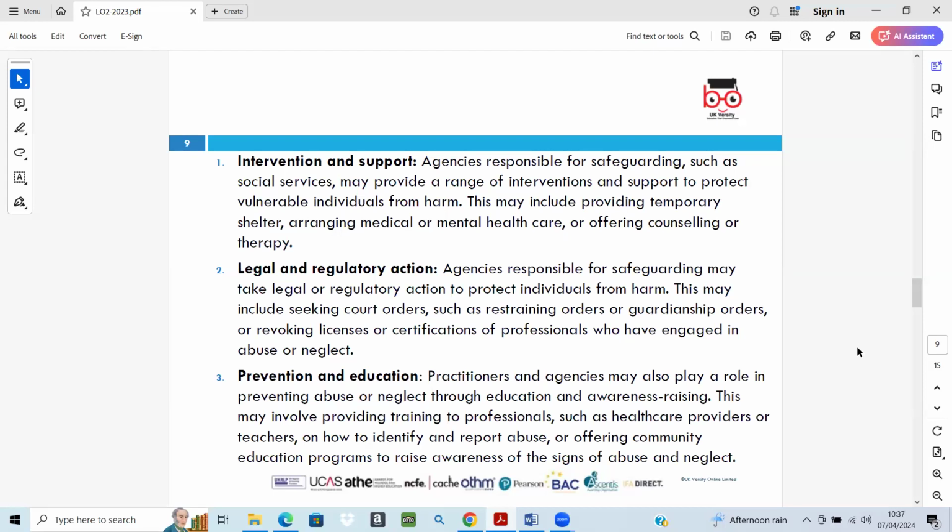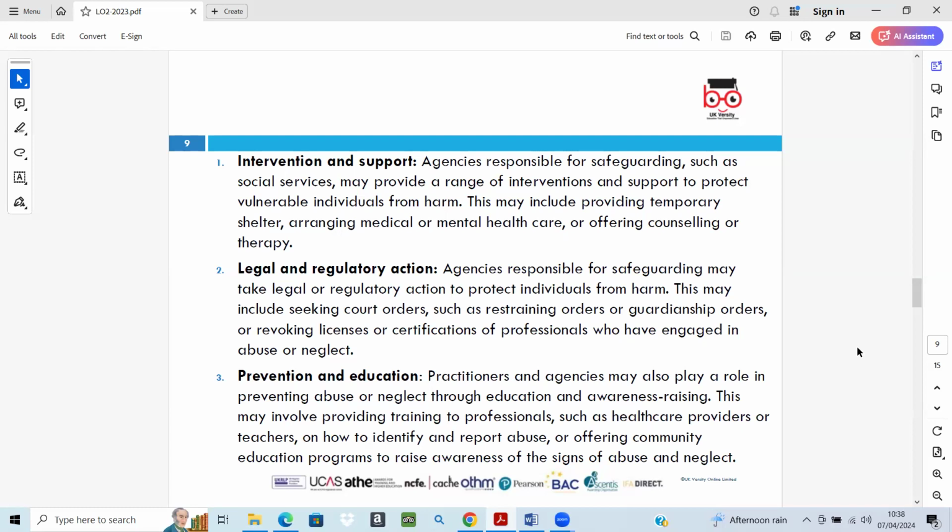resulting from abuse. Then we may have offering counseling or therapy to help individuals cope with the effects of abuse and rebuild their life. Then the legal and regulatory action, why we take those to ensure the safety and well-being of vulnerable individuals.